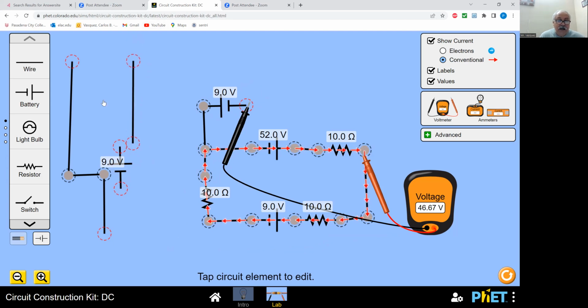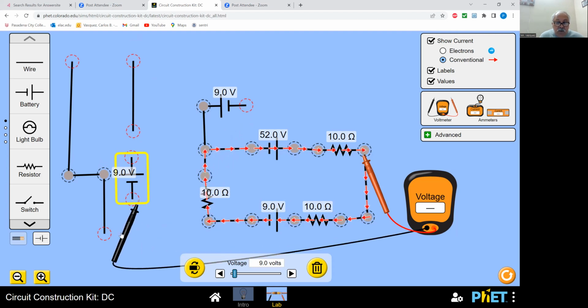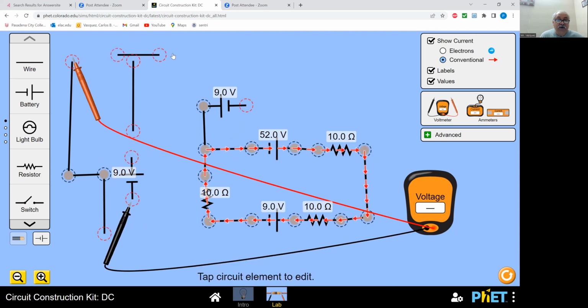Now the positive is connected to zero. And now we are going from this point to the highest point. We're going from this point to this point. As you can see, the difference is more than before. Look, the difference goes from this point to that point, okay?